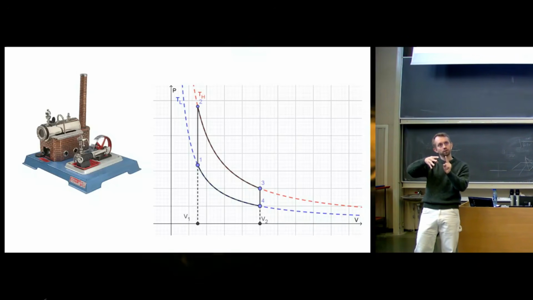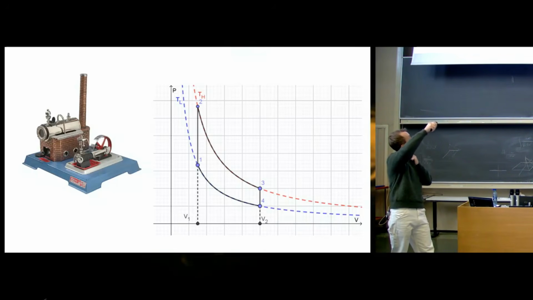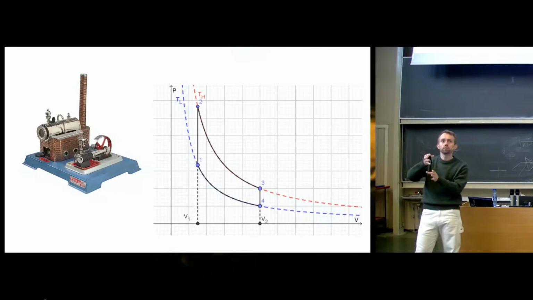How do you know? Exactly, right. Different temperatures are all on these lines here. All the points on this line have the same temperature, which means that the temperature is rising. If it's the same volume, the only way to get the pressure up is by adding heat to it. So from 1 to 2, we're adding heat to the engine.